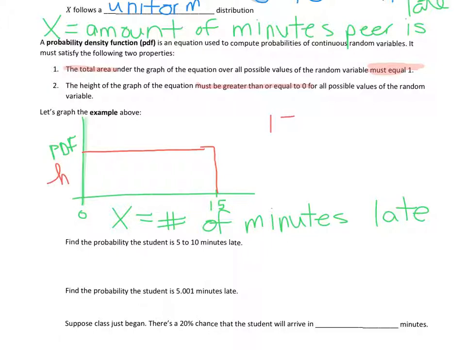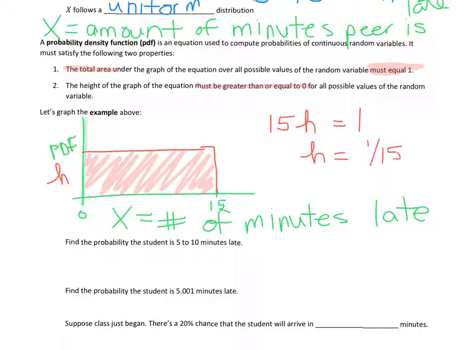So base times height is the area, and we know that the total area under the graph has to be equal to 1. So we have to solve this. How do we solve for h? Let's divide both sides by 15. And so that means this mark right here is 1 over 15. That's the height of the rectangle.